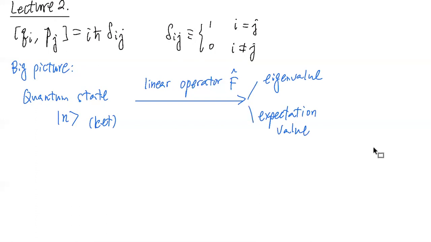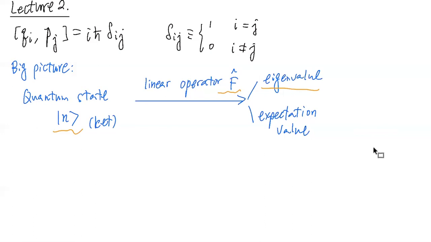If this quantum state is an eigenstate of this linear operator, then you will get an eigenvalue. The eigenvalue corresponds to the physical observable. That is what you can measure in the experiment.